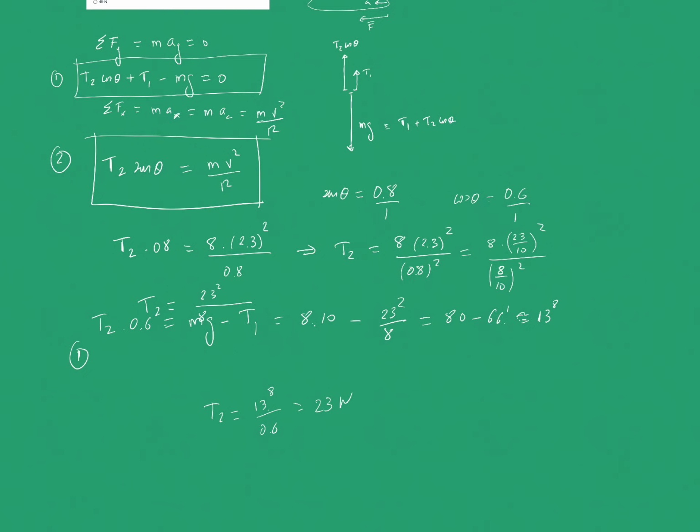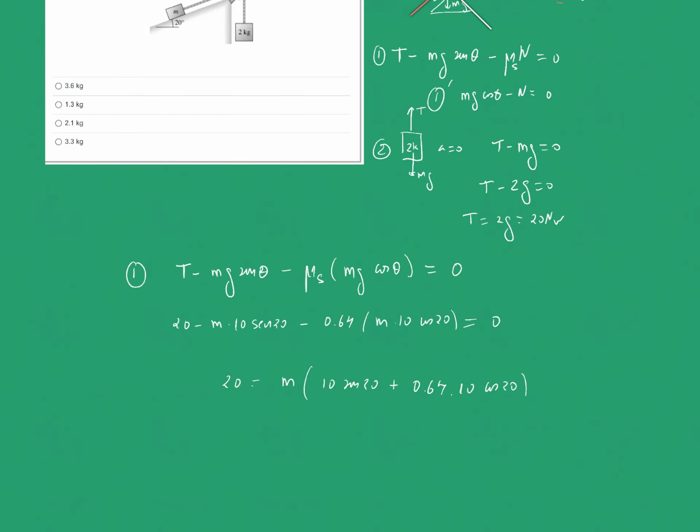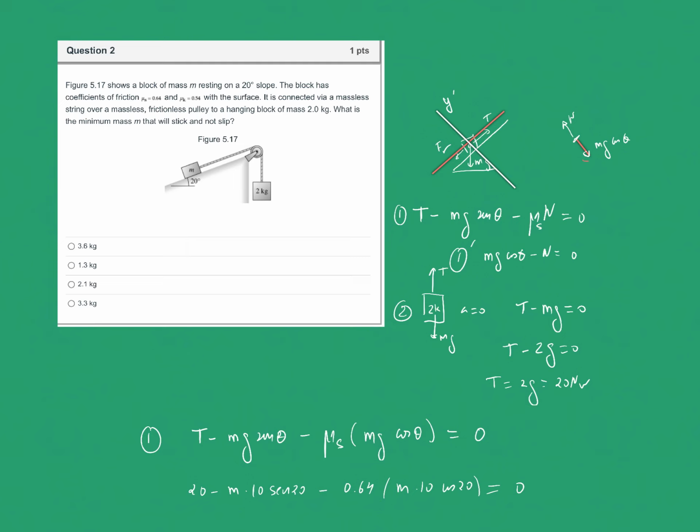Let's go to the next problem. The next problem says like this. You have this figure. There are two masses, and this mass is a certain unknown amount of mass that you need to calculate in order to fulfill the following situation. There is friction here, and it is static friction.